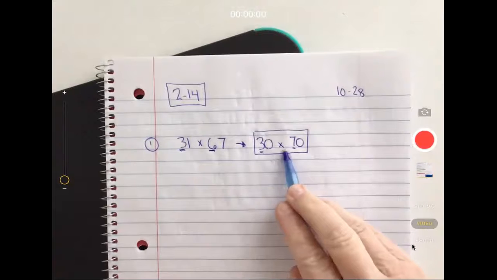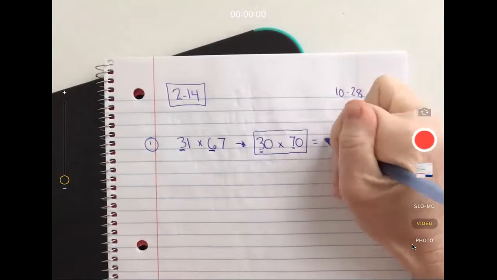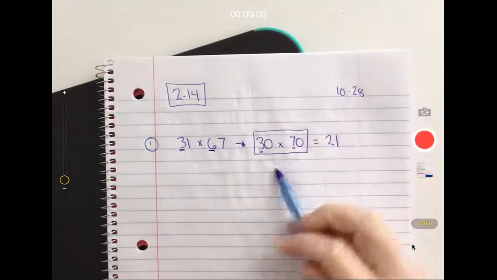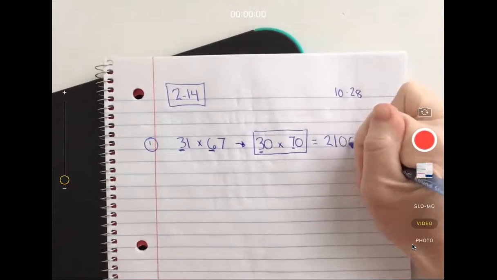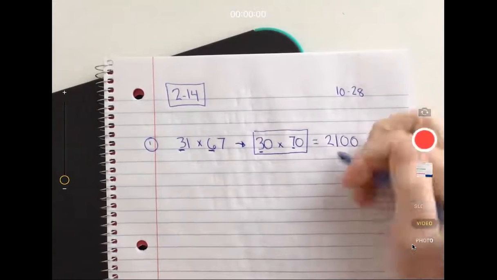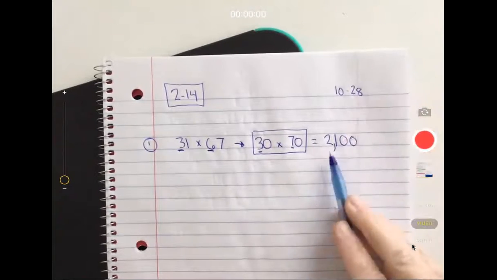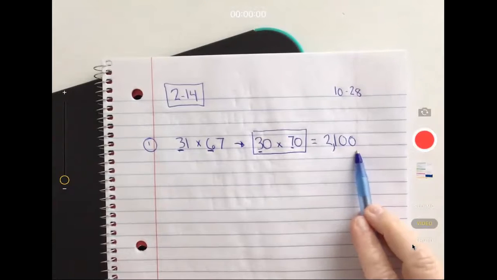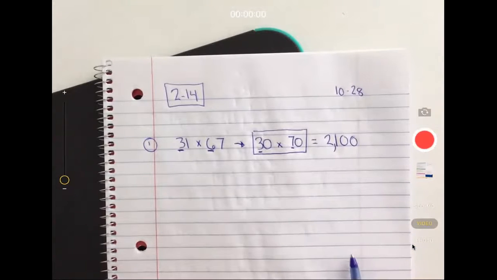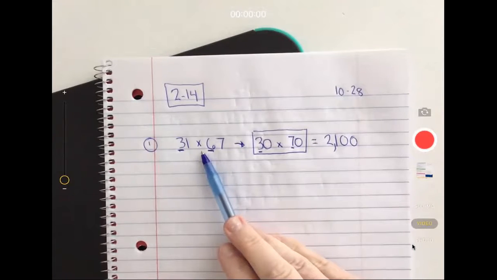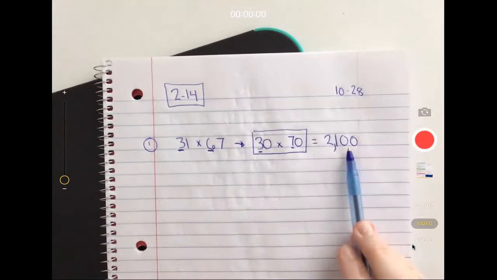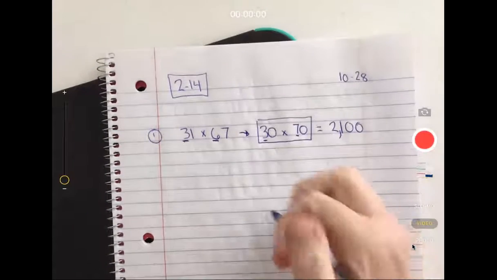I know 3 times 7 equals 21. 2 numbers in the tens place, which means I'm adding their 2 zeros. 1, 2, 3, comma. That means it equals 2,100 when I estimate. That means when I get my true answer to this equation, it should be very close to 2,100. Let's solve it.